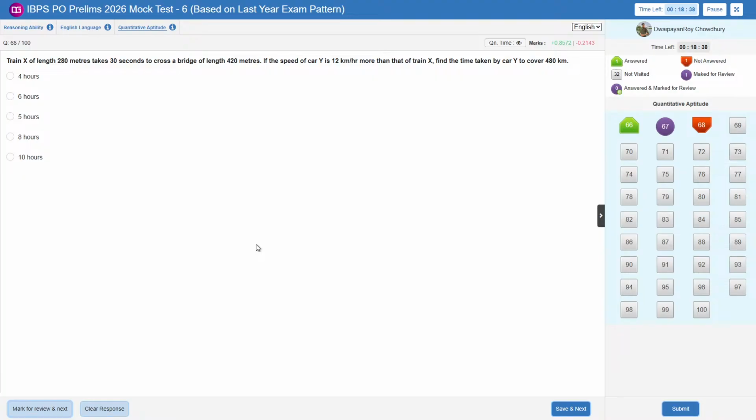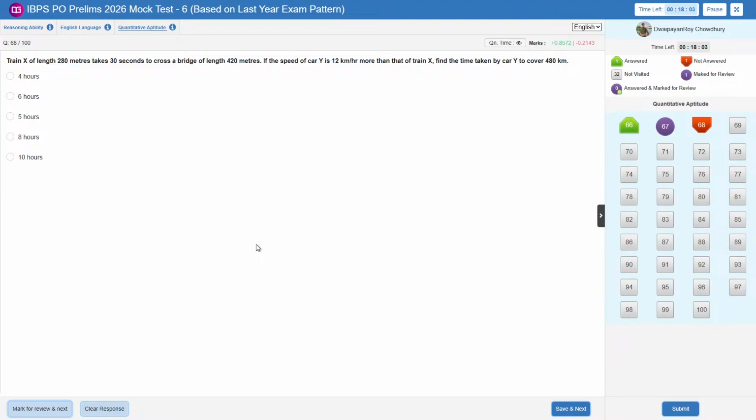Speed of Y is 12 km more than X. 12 more means 12 into 5 by 18, 2, 3. So 100 by 3 more. So 800 by 3, 30 is the speed. So 80 by 3 is the speed.